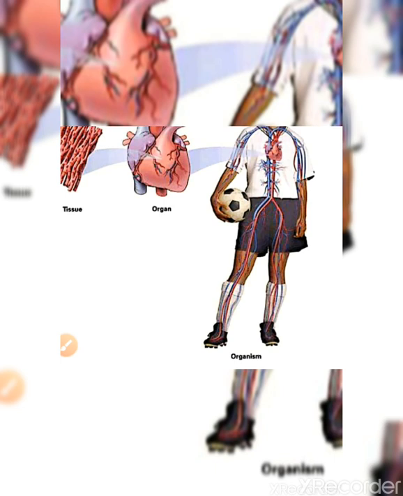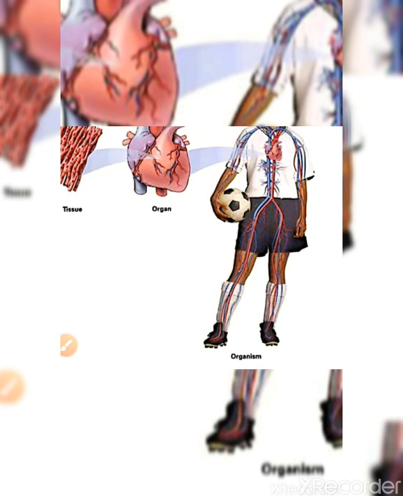Another example is the digestive system, which has the esophagus, stomach, pancreas, liver, small intestine and large intestine. All this makes an organ system. Now organ systems make a whole body.